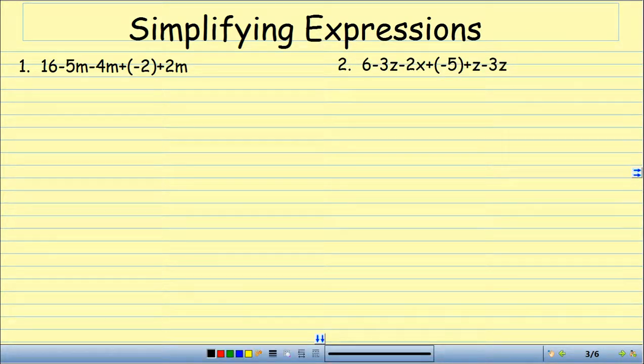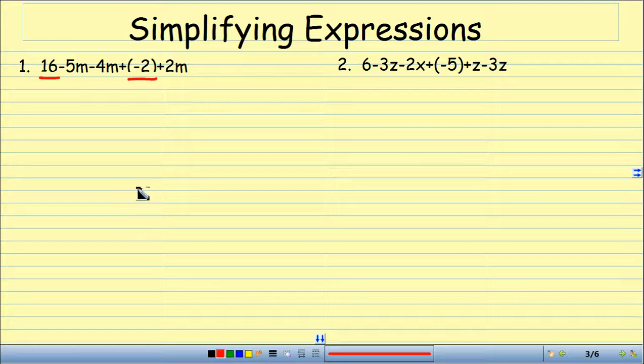So this is how I combine like terms. I don't go searching for my variables or anything like that. The way I see it, I'll get to them when I get to them. First thing I'm going to do is I'm going to take the first term. It's 16. It's a number. It's all by itself. Just a number, no variable. I'm going to look for another term. That's the same idea.